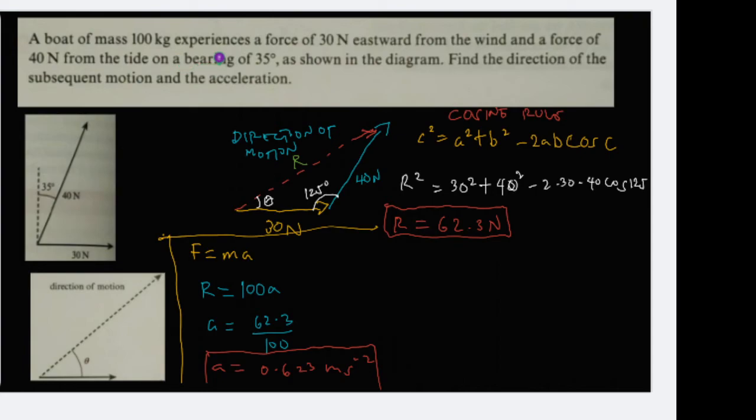So in the final result for the direction of the motion, we need to express our answer in terms of bearing. Okay, so let's get started. Here, we will be utilizing the sine rule to find the angle.